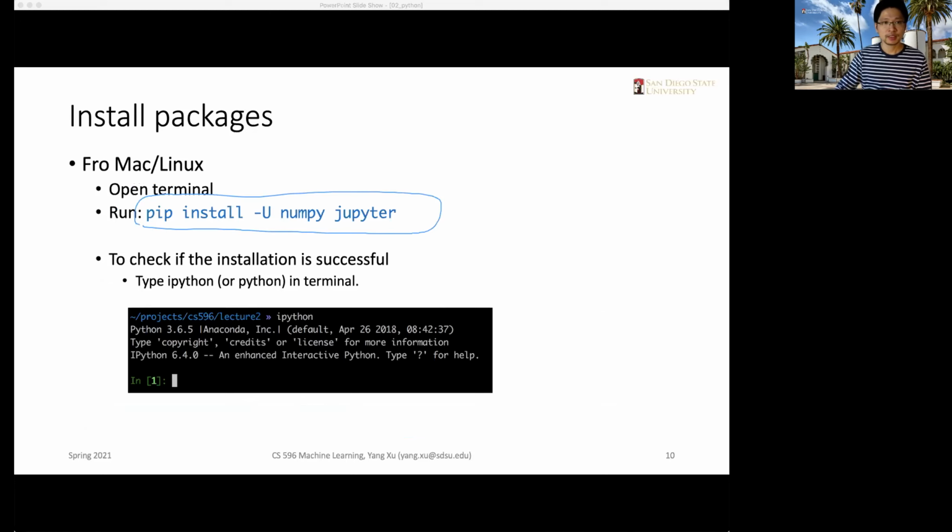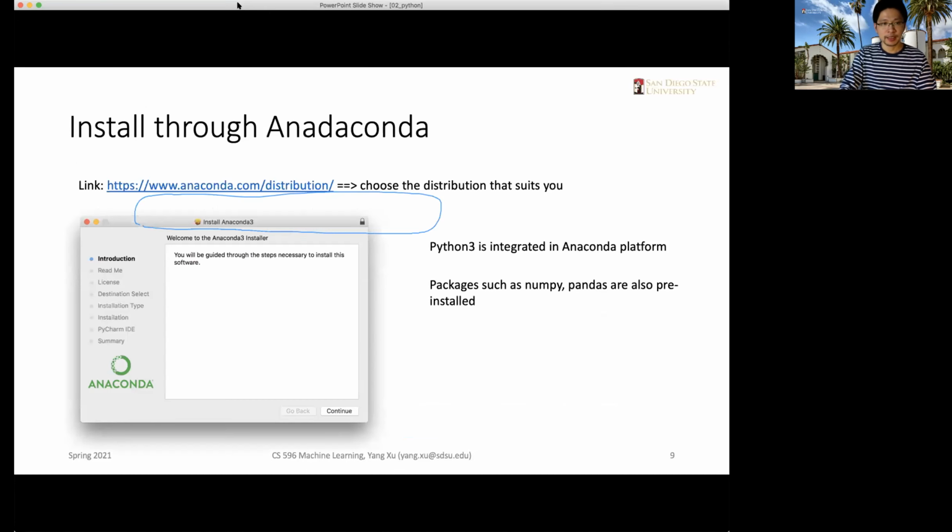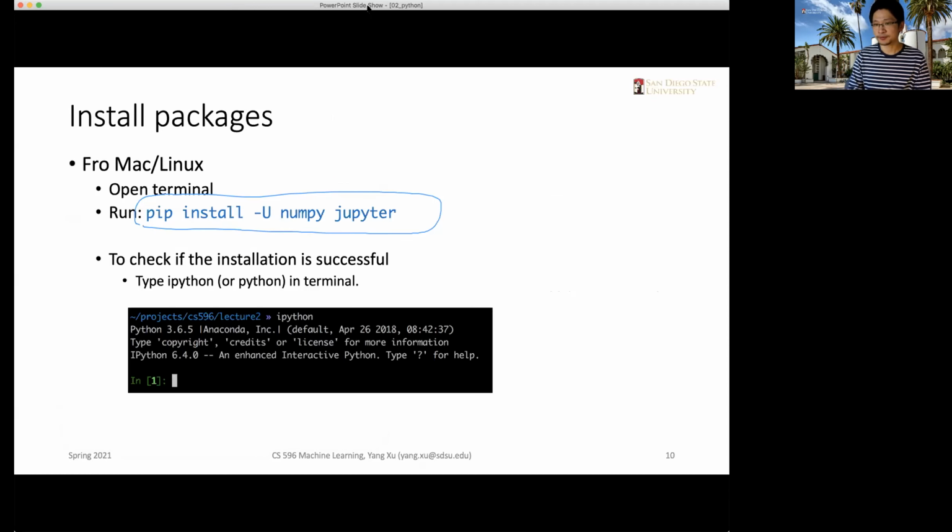But since in the last slide I recommended that you install Anaconda on Windows to provide an integrated solution to everything, including Numpy and Jupyter, I think after you have installed Anaconda, you don't need to install Numpy and Jupyter again.